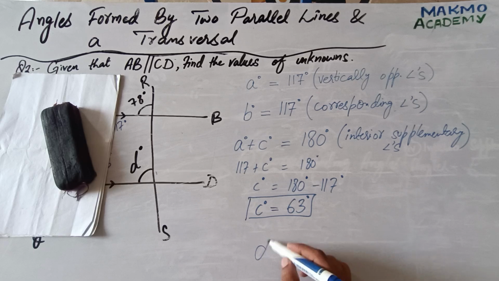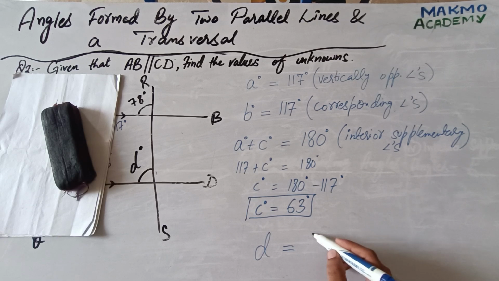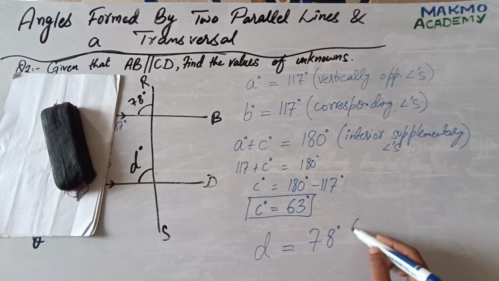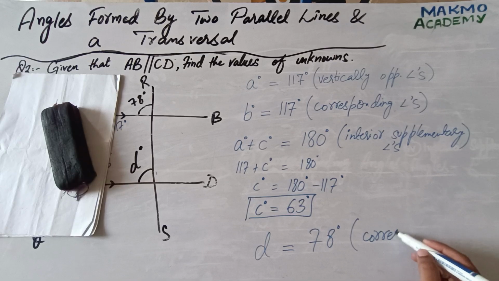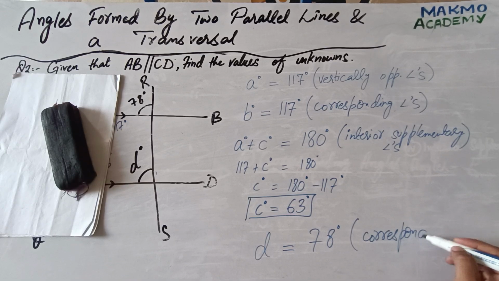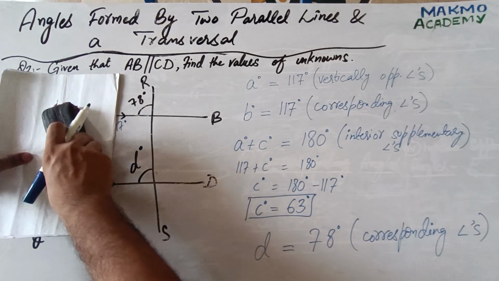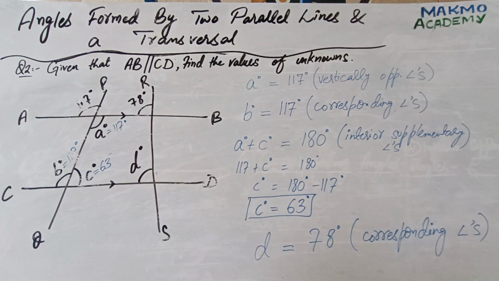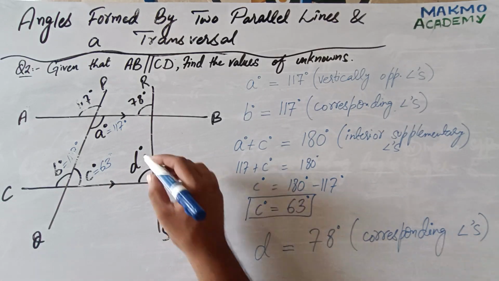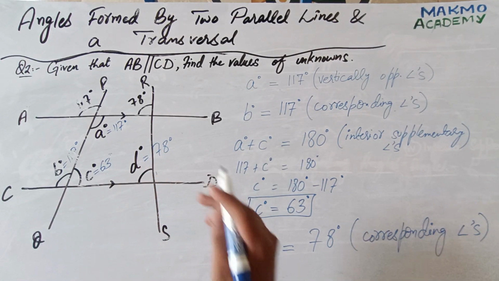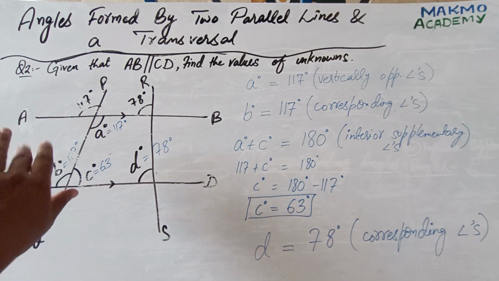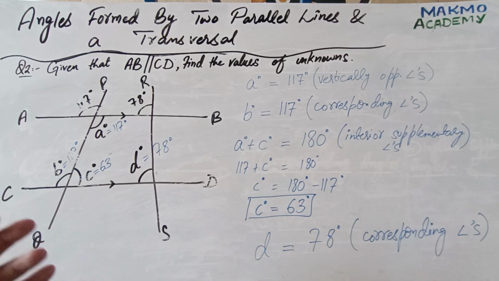It means that D is equal to 78 degrees according to corresponding angles. So this is how we can find the value of unknowns in a particular picture. We have found all four unknowns A, B, C, D. D is equal to 78 degrees.